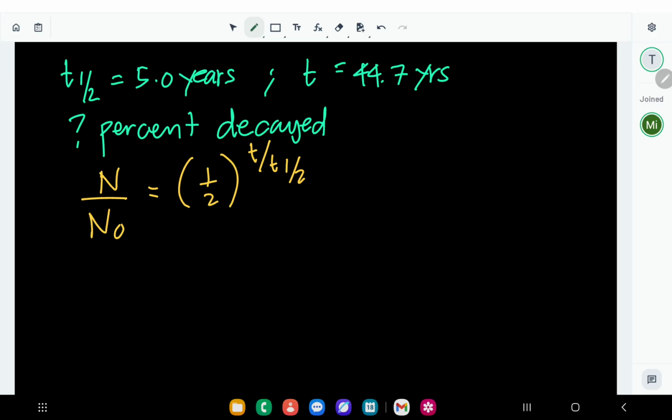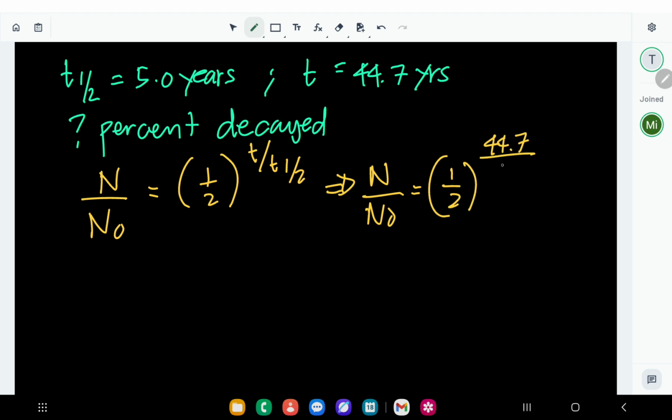We're given 44.7. This is 1/2 to the 44.7 over 5 years. 44.7 divided by 5 is 8.94.